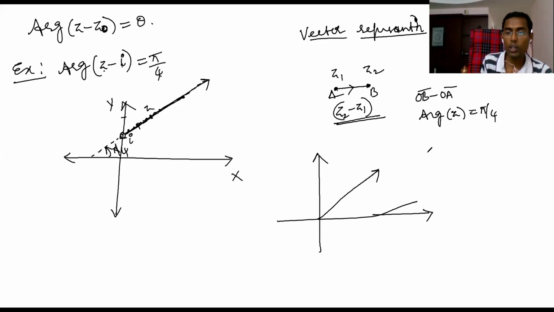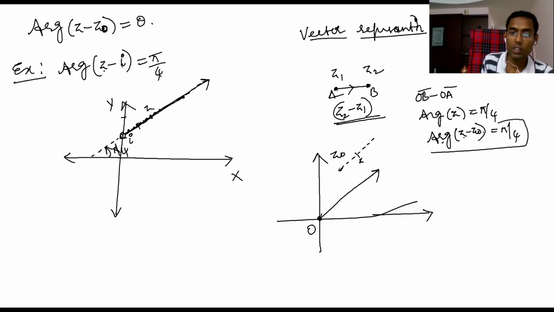Now if I shift the origin to z0, then every point on this line becomes z minus z0. Try to understand: if I shift the origin to z0, this point z becomes z minus z0. Therefore, argument of z minus z0 equals pi by 4. The equation changes. Here z0 is the origin.